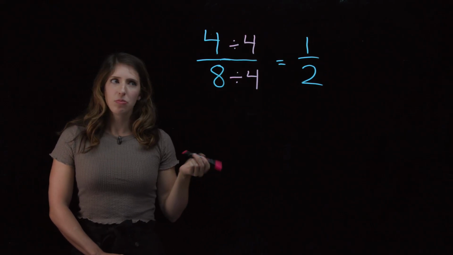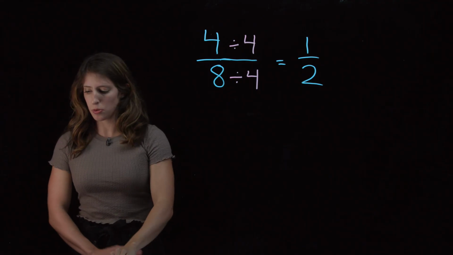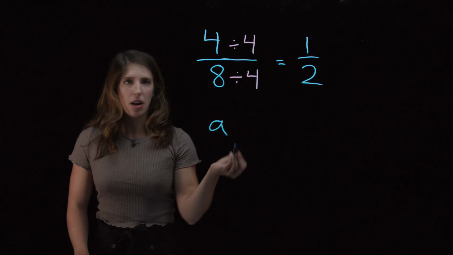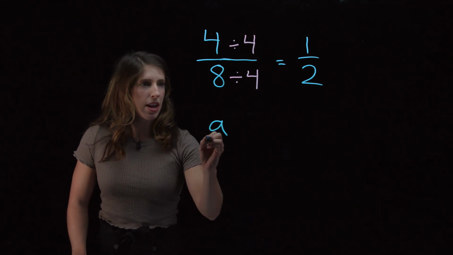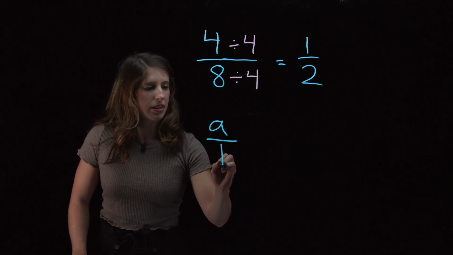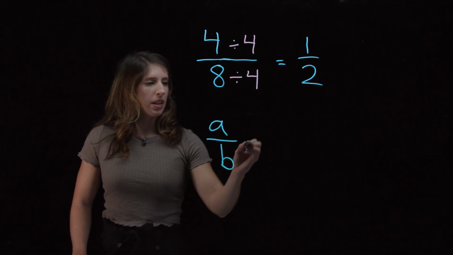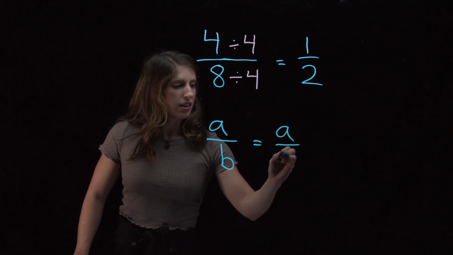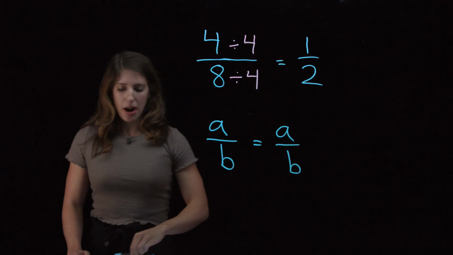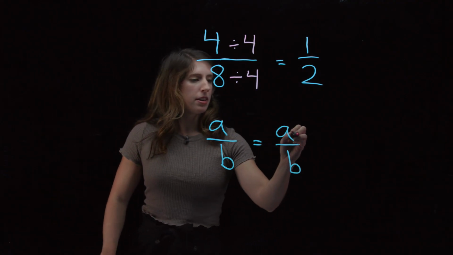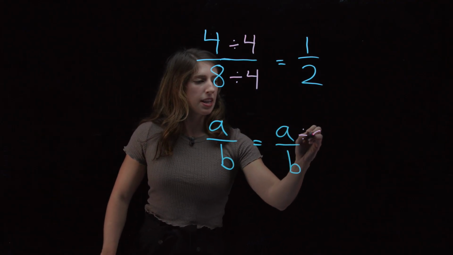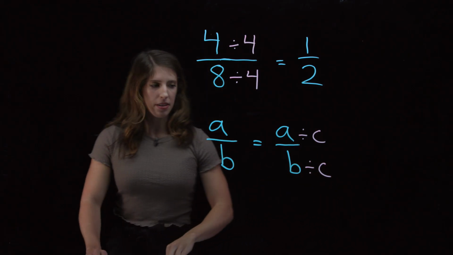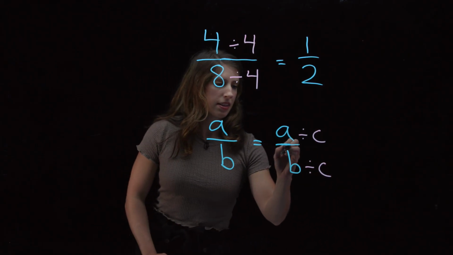Okay, so generally speaking, what is the rule we are applying here? If we have some numerator a in our fraction and some denominator b, we can create an equivalent fraction by dividing the numerator a by some number c and dividing the denominator by that same number c.